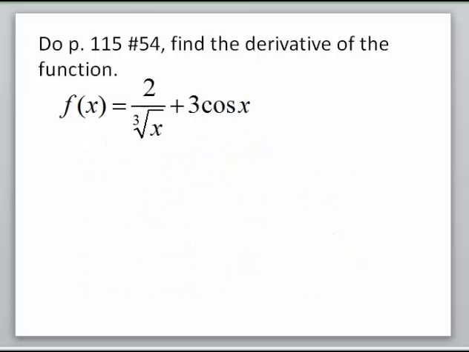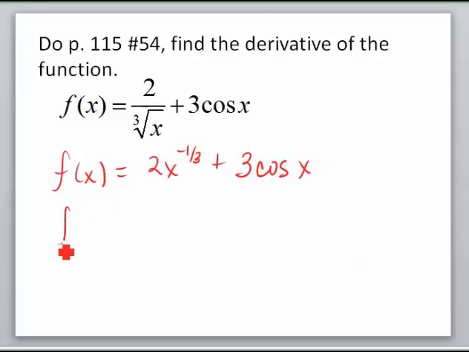Okay, for my last example for this section, it just says find the derivative. So I'll go ahead and do that again, rewrite it. So I have 2x to the negative 1/3 plus 3 cosine x. Find the derivative, bring this out front, negative 2/3.